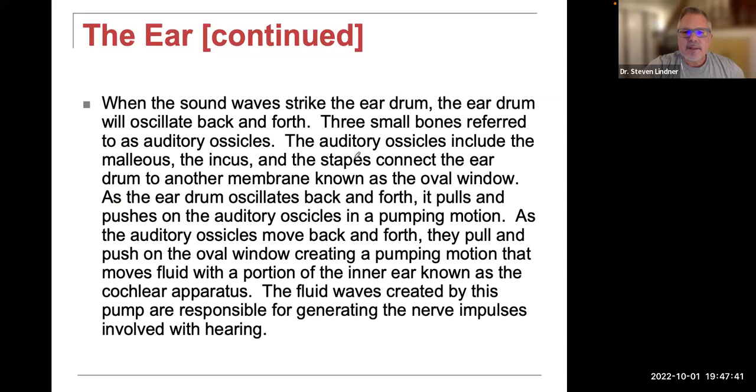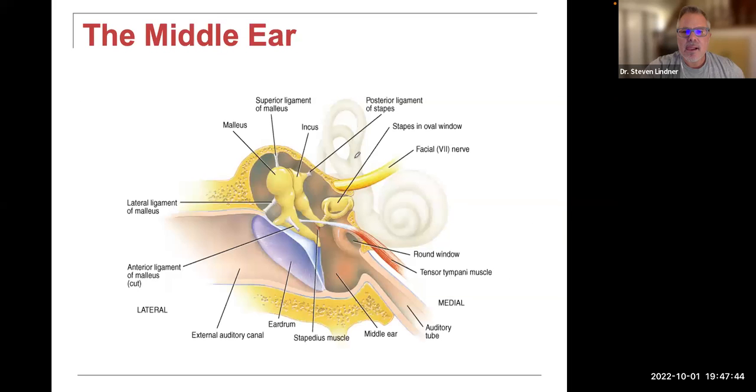Okay, let's see what else we have here. This is just a larger version showing the eardrum or the tympanic membrane, the malleus, the incus, and once again, the stapes. You can see the cochlea here. Here is the auditory tube or the eustachian tube.